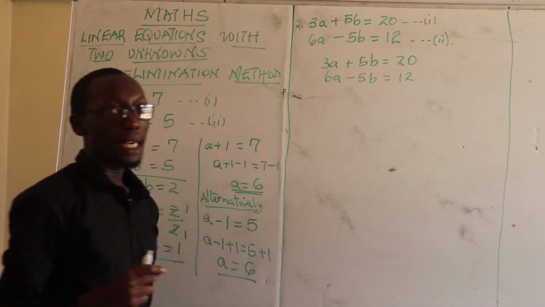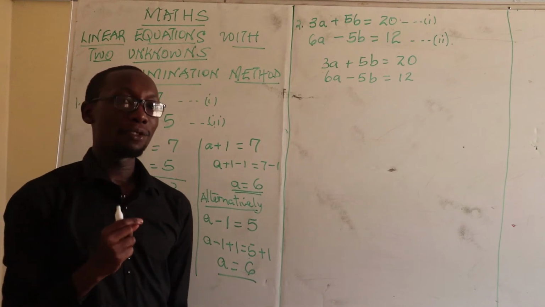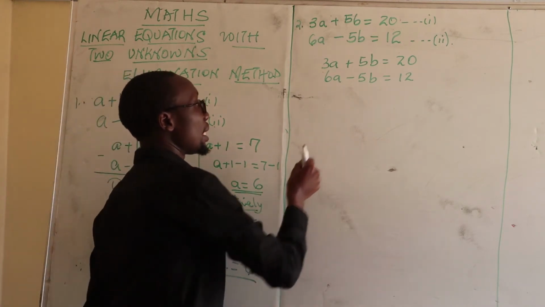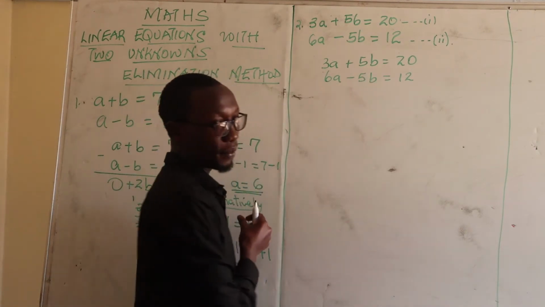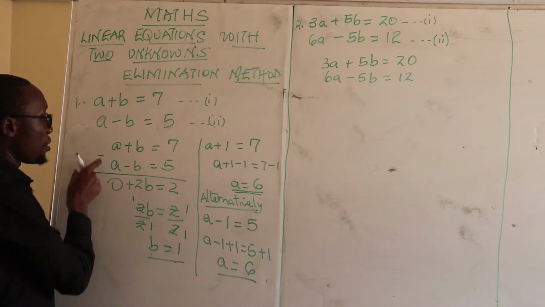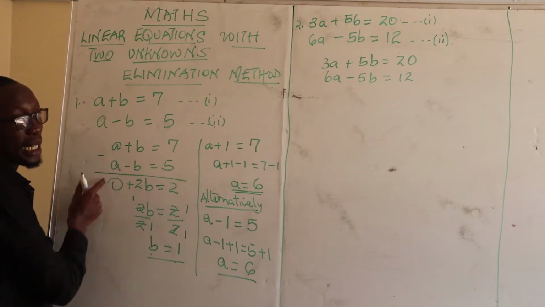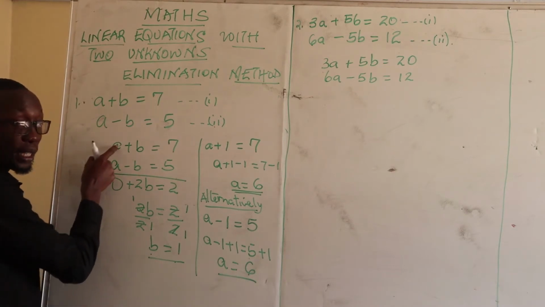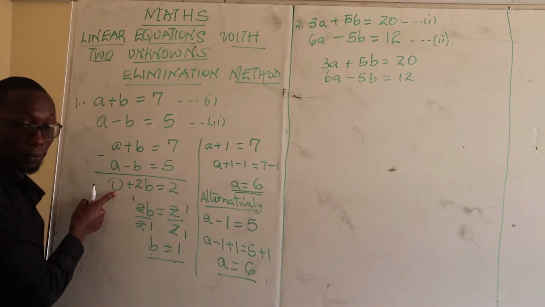In this case, I will decide to eliminate this unknown B. Like in the first example, when we subtracted, we eliminated the unknown A, since after subtracting, A minus A became 0.